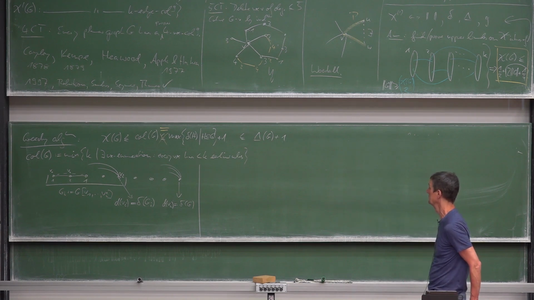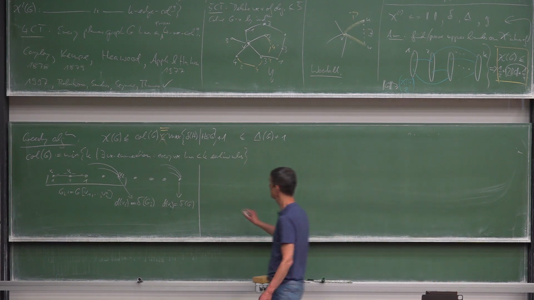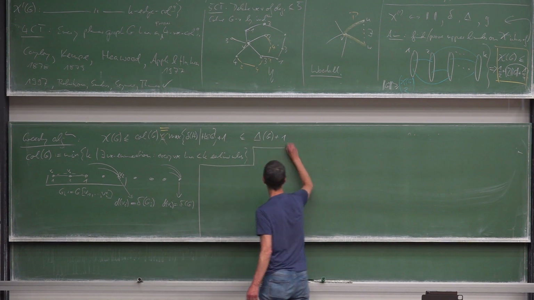So that much about the coloring number and the greedy algorithm.